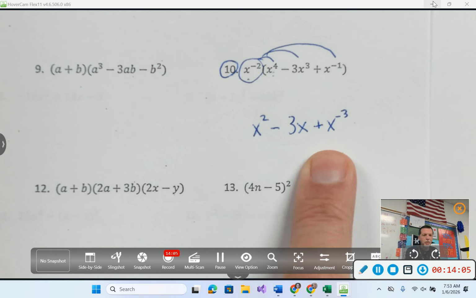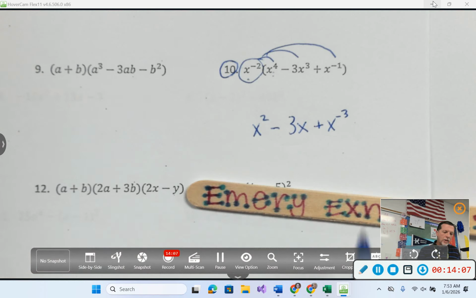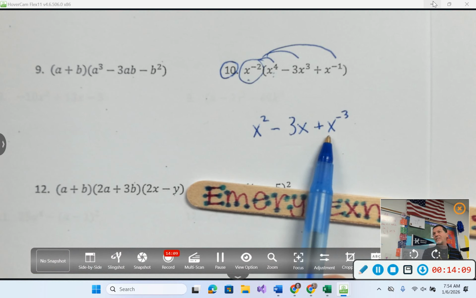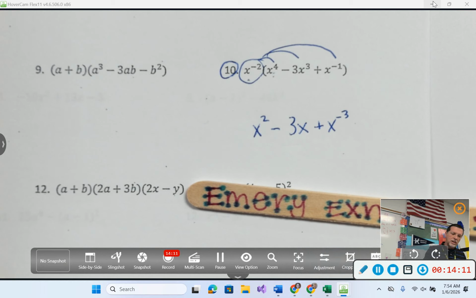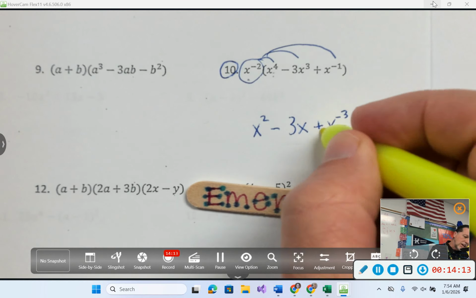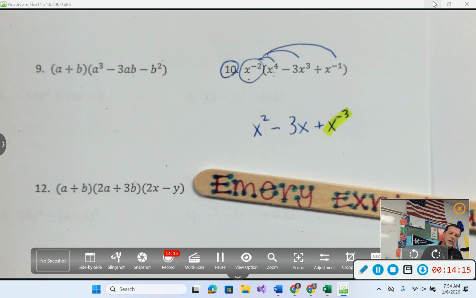A negative exponent. So, Emery, what's another way to say x to the negative 3? What does that mean? Negative x to the 3. What does a negative exponent do? You were trying to help out there.